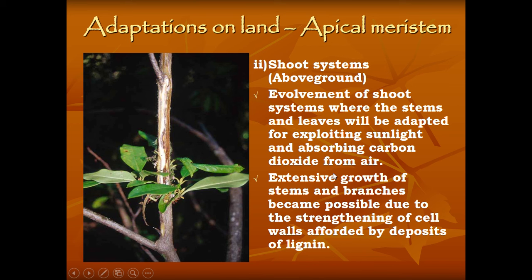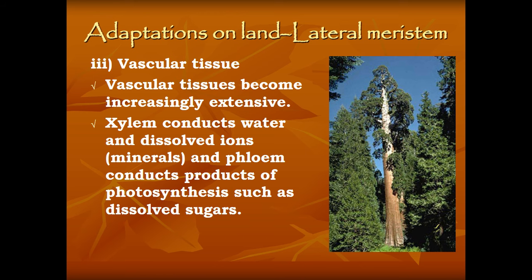Extensive growth of stems and branches became possible due to the strengthening of the cell wall afforded by the deposition of lignin. So let's look at the lateral meristem adaptations in plants.